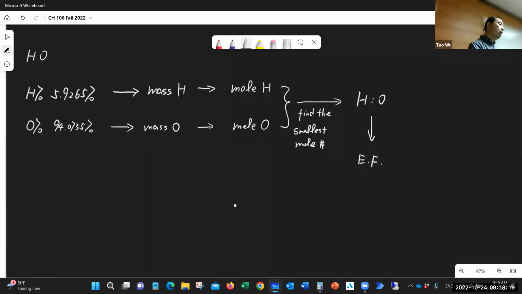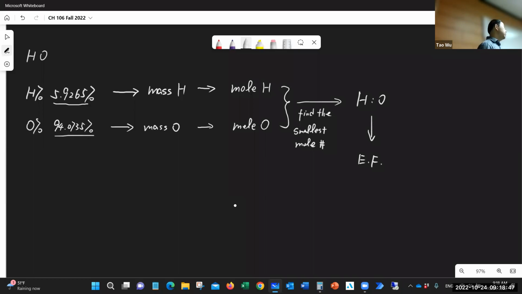All right, so now you have the percentage for each of the hydrogen and the oxygen. How can we convert this to the mass of hydrogen and the mass of oxygen? Well, just to let you know, you can assume any mass for the whole compound.